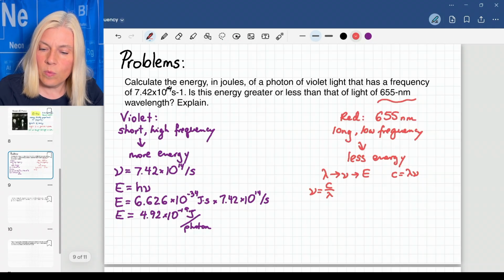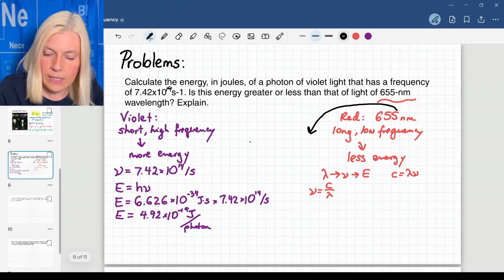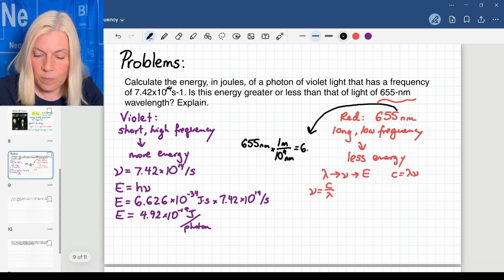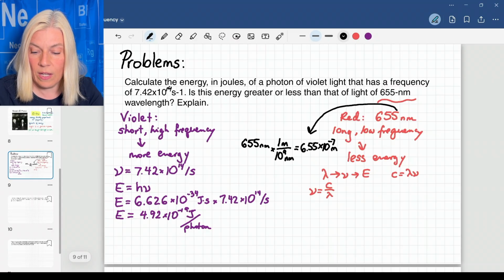So let's quickly do this here. Let's plug this in here. So if I have 655 nanometers times, we're going to do 1 meter is 10 to the 9th nanometers. This will be 6.55 times 10 to the negative 7 meters. That's my wavelength.